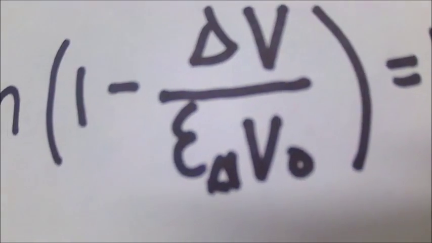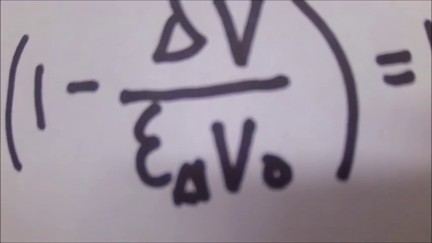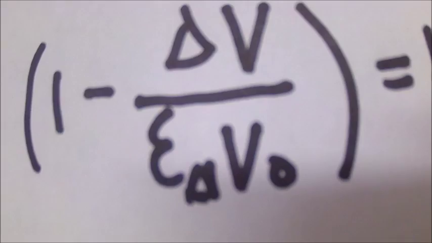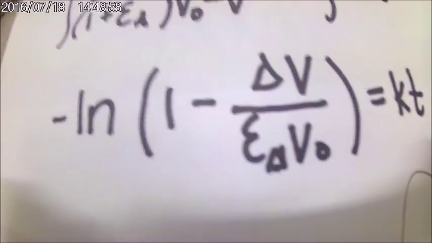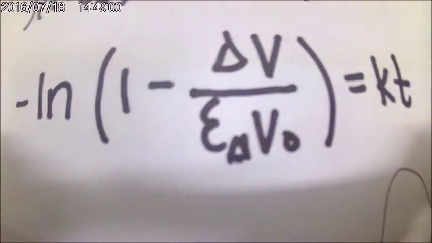And integrating, we arrive at negative ln of 1 minus delta V over epsilon A V naught equals kT. So we can use this equation to solve for problem number 1.